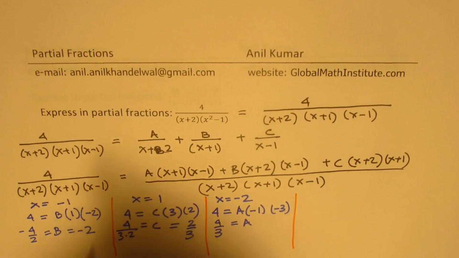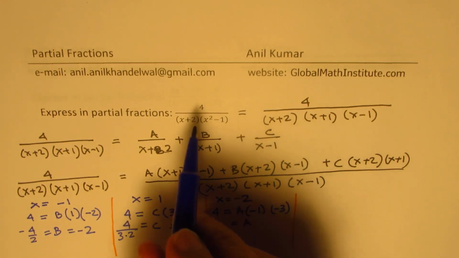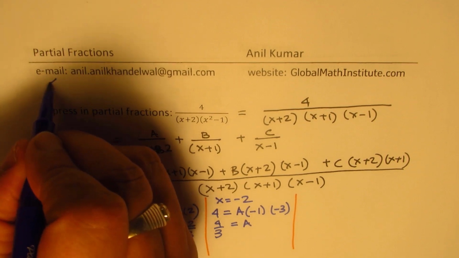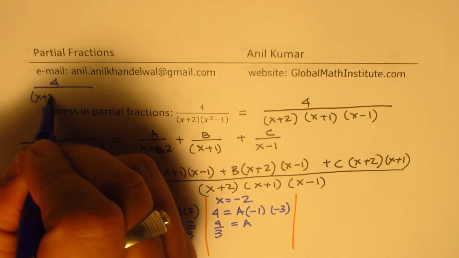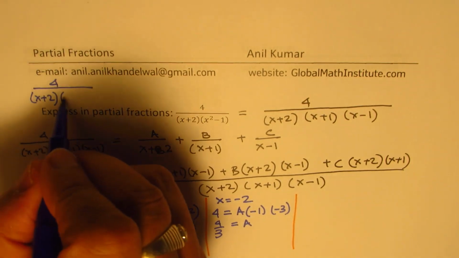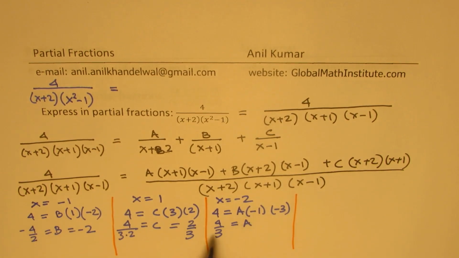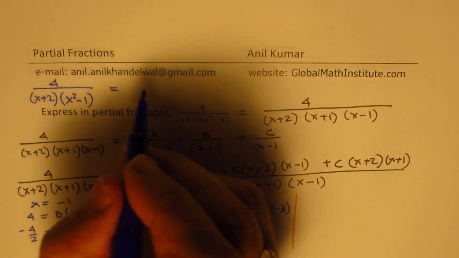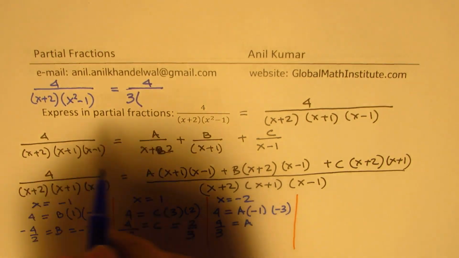And therefore, we could write this expression as equal to, so we can write this here as 4 over (x plus 2) times (x squared minus 1). The value of a is 4 over 3, right? So we get 4 over 3 times x plus 2.